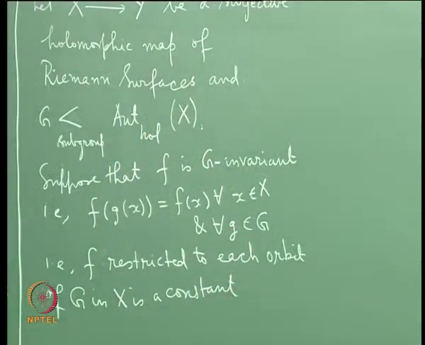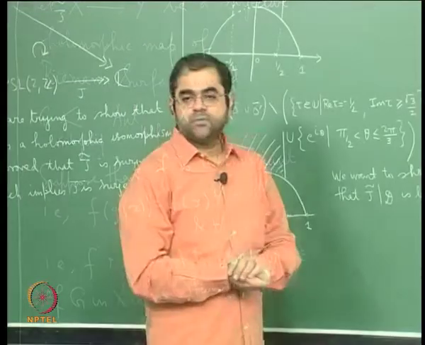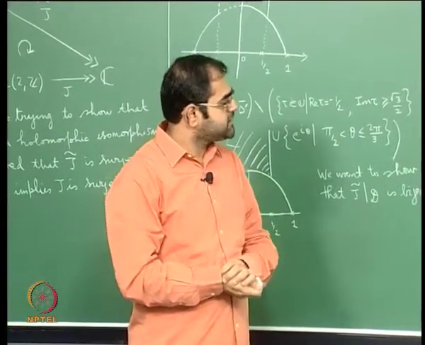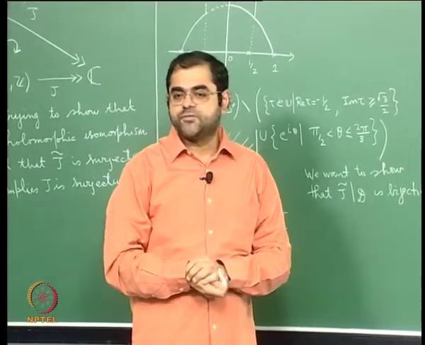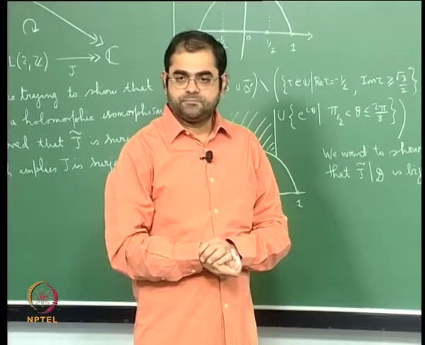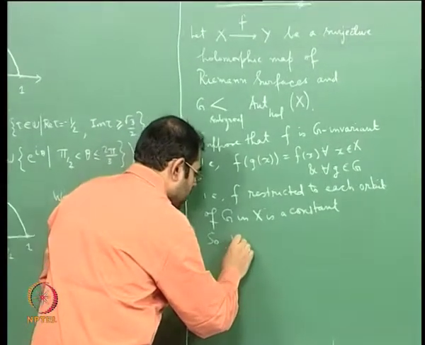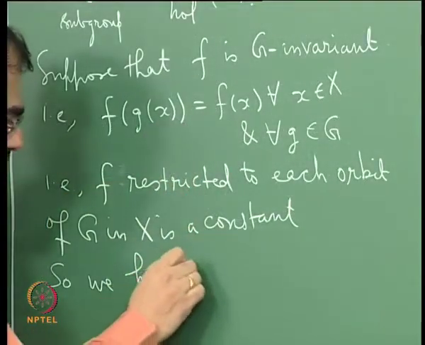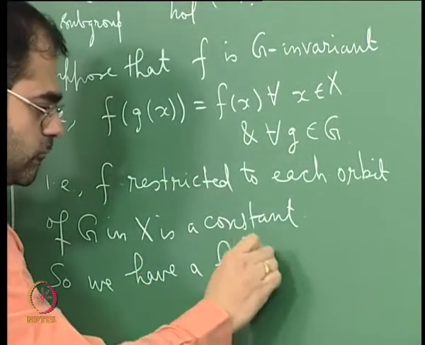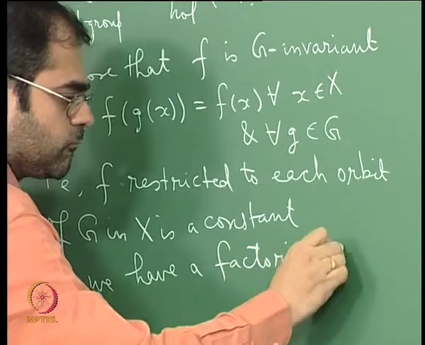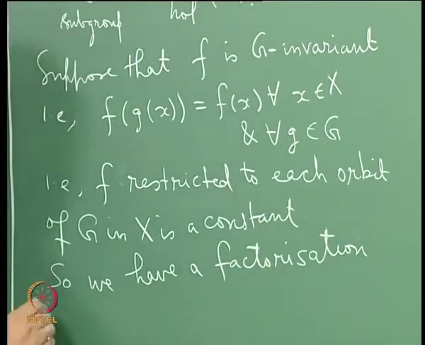Now of course if you have a G invariant map like this, it means that this map factors through the set of orbits. So we have a factorization of maps.